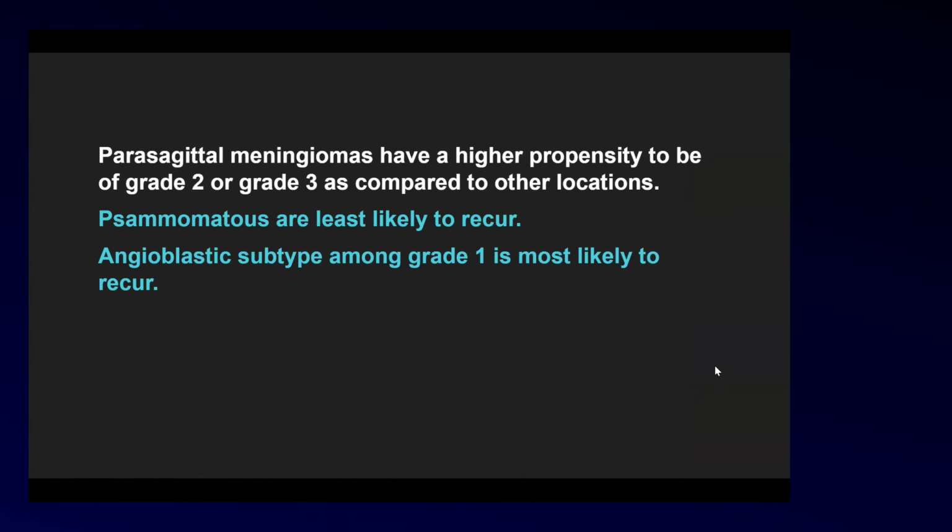Presentation is vastly variable depending on where the exact location of the meningioma is, how much is the peritumoral edema, what is the size, etc. So it depends on a lot of variables. Also, we did discuss yesterday, parasagittal meningiomas have a higher propensity to be of grade 2 or grade 3, if you compare them with other locations like convexity, like skull base.